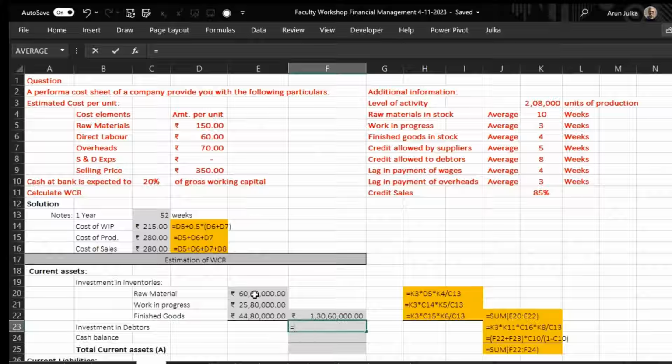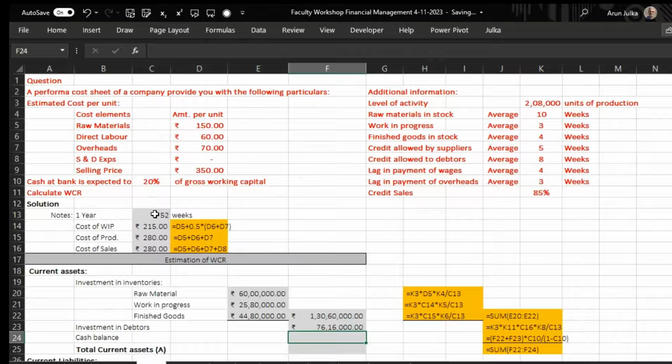Debtors are equal to 2 lakh 8,000 production, multiplied by 85% because credit sale is 85%, multiplied by cost of sales, multiplied by credit allowed to debtors of 8 weeks divided by 52 weeks. And the answer is 76 lakh 16,000.